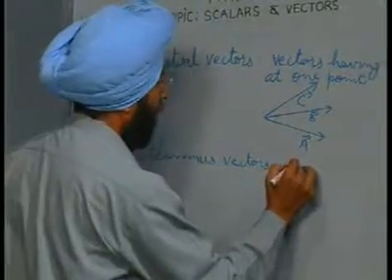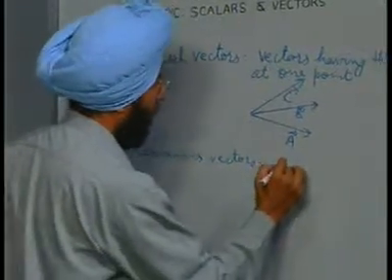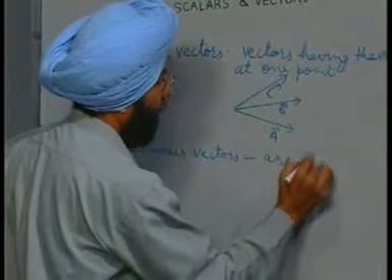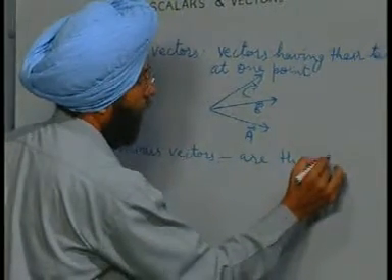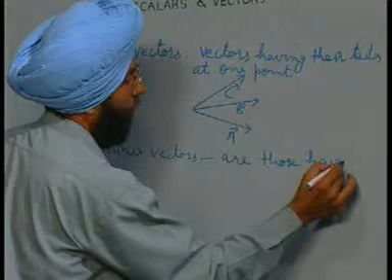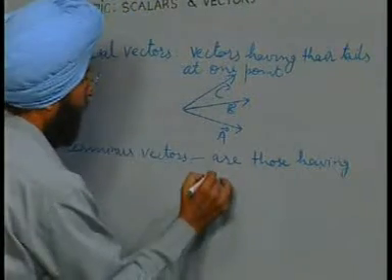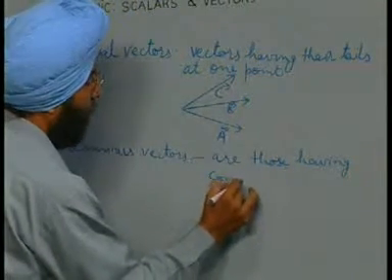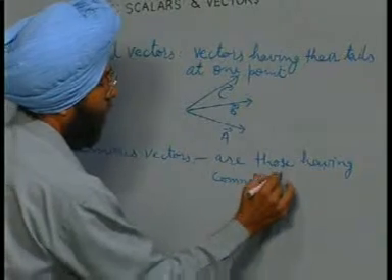Co-terminus vectors are those having common terminus point.